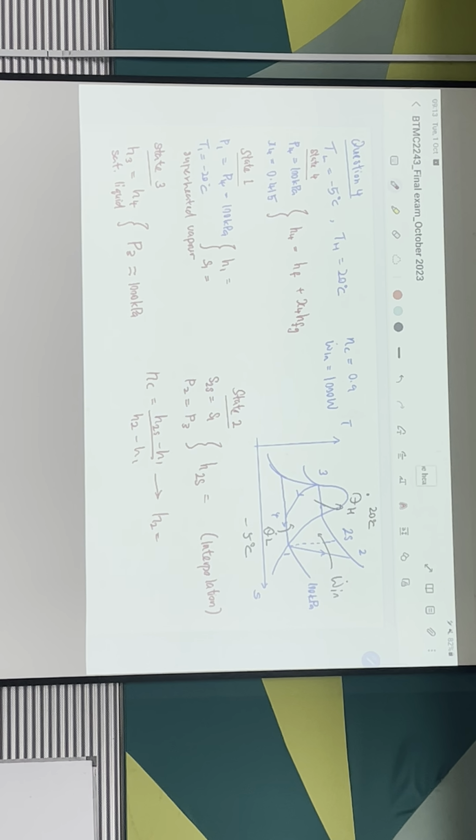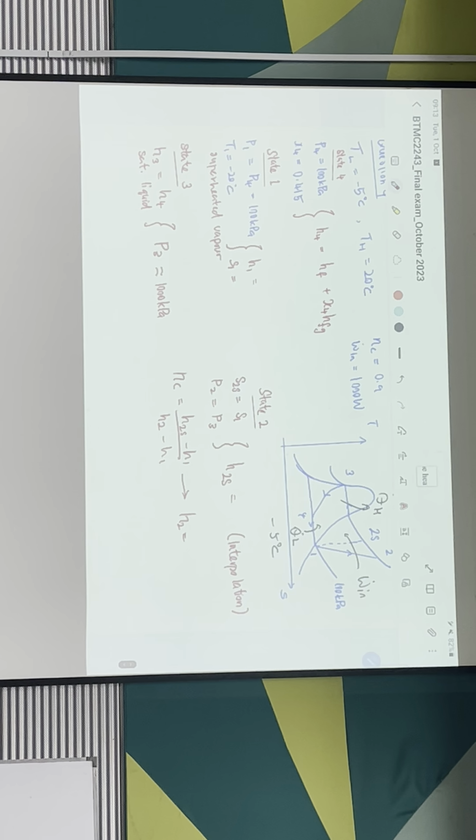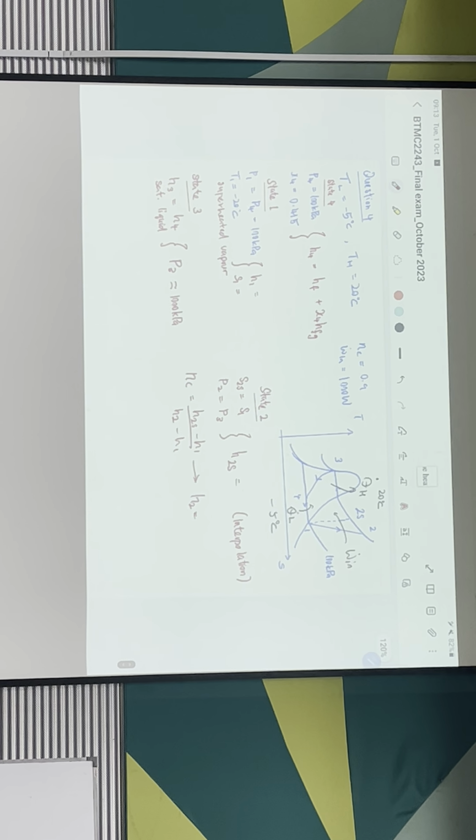Okay, so now you fulfill all. We have H3, H1, H2, H4. So we can move on to the next part, which is to look for the mass flow rate.